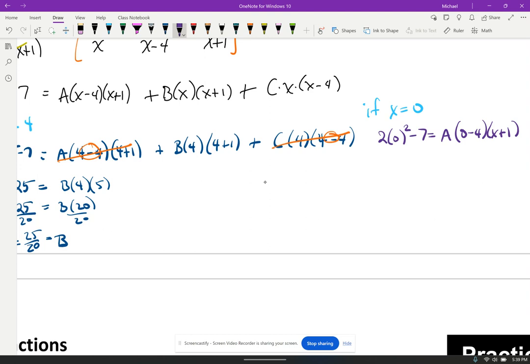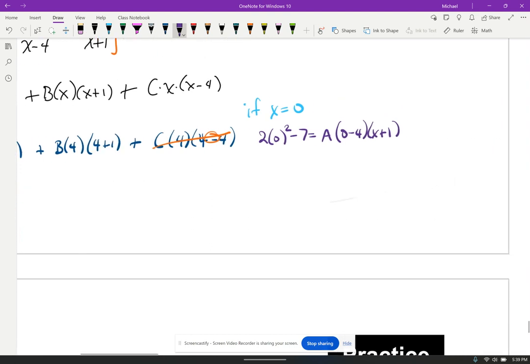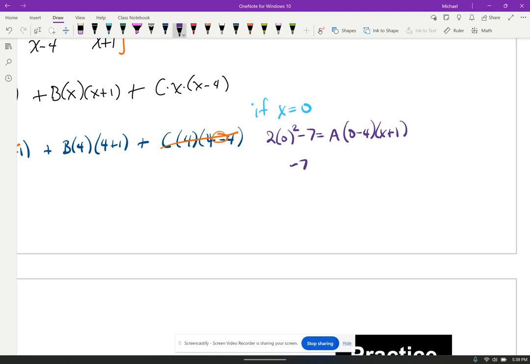And if I substitute a 0 here, that's going to zero that out. That's gone. I'm not going to write it over here. And so everything's going to collapse down to this, which then becomes a times negative 4, and I forgot to put the 0 here, times 1. So really, this is just negative 4. And if I divide both sides by negative 4, I'm going to get my a value is 7/4.